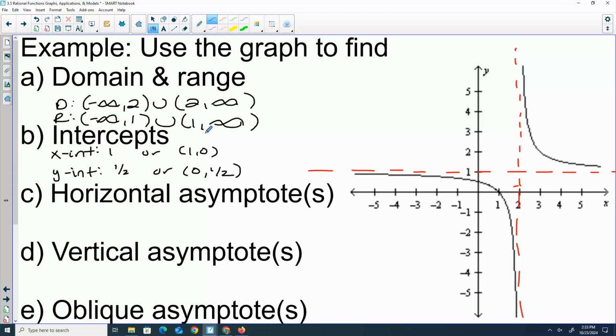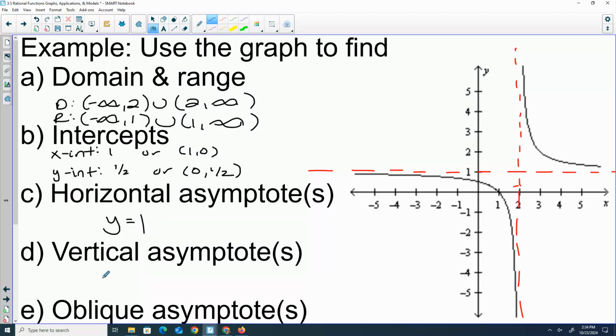From this, if I asked for the horizontal asymptote, so asymptotes are lines, you have to give me the full equation of the line. What's the equation of a horizontal line? Y equals a number. Okay. Can you look at this graph and tell me the horizontal line my graph is getting close to without crossing? Y equals 1 is the horizontal line.